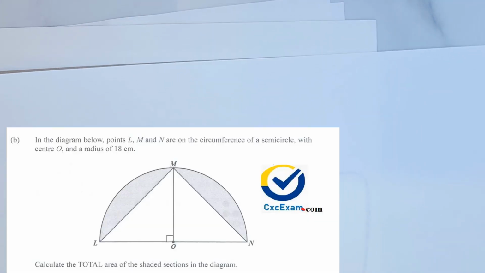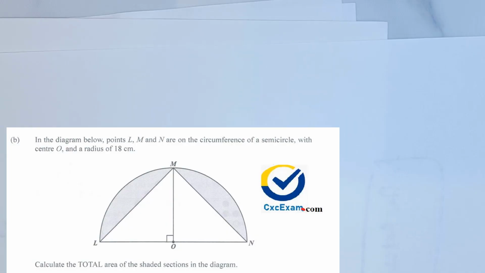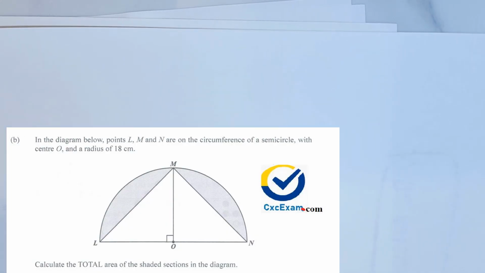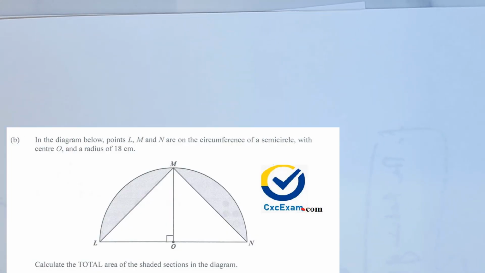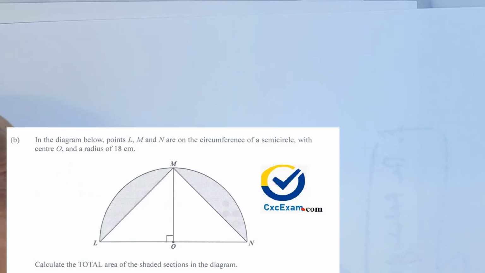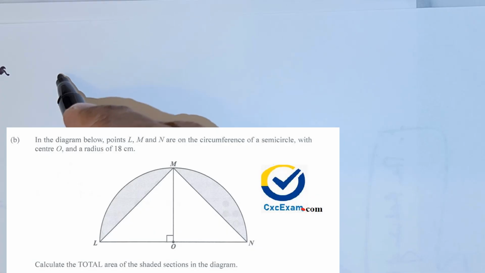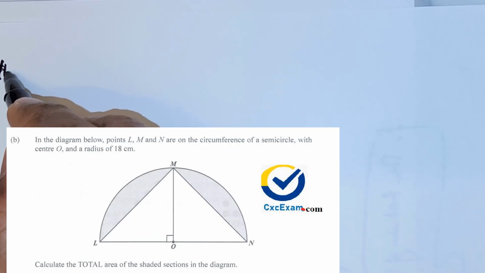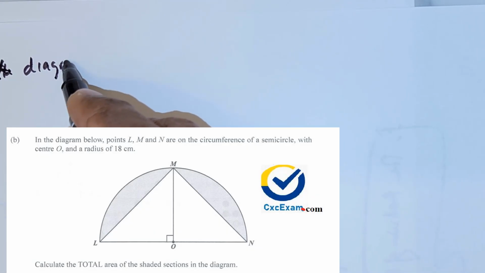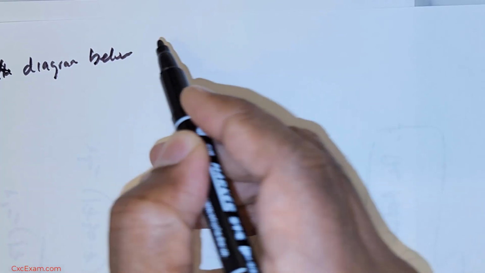Now this is the next part. So the following is given. So let me write this down in the diagram below.